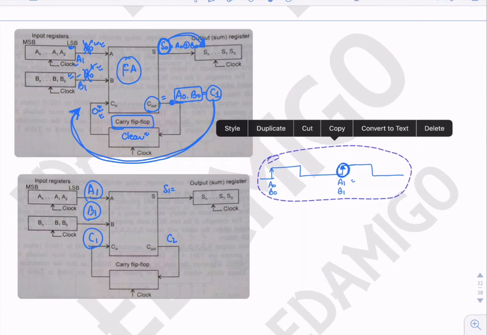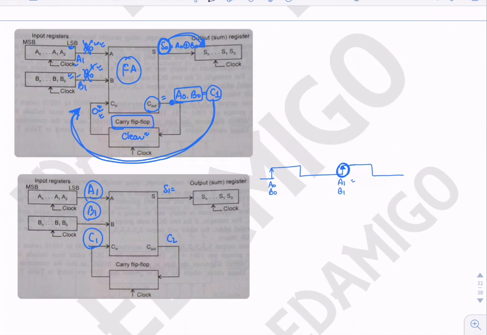again the clock will come, and at this tick of the clock, the S1 value is stored into the register, and this register shifts to the right. A1, B1 are cancelled, and this register starts producing A2, B2, and this C2 is moved from output to input with the help of this flip flop at this tick of the clock.